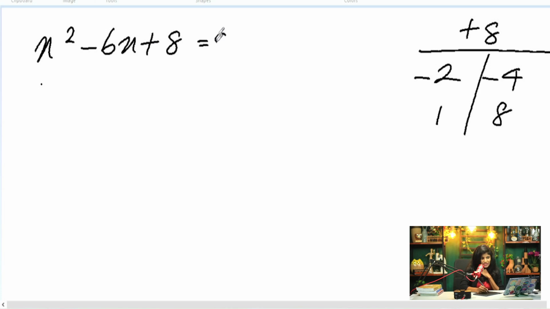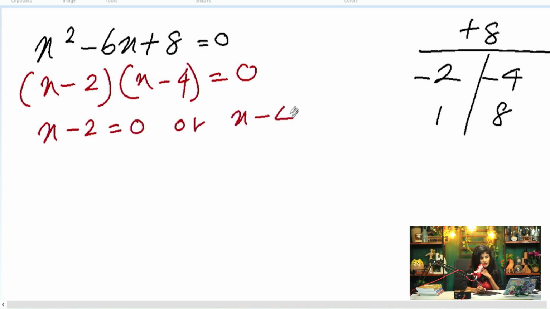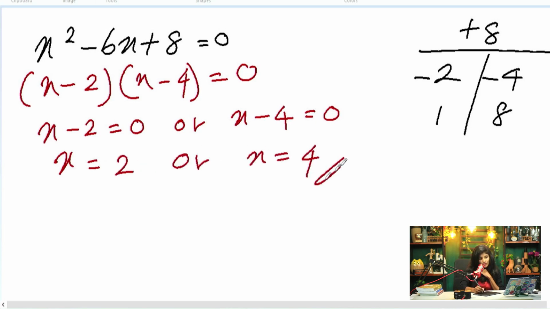So I found the answers now. These questions are so much easy, but you need the practice. Then you can just look at the question and tell the answer. Minus 2, minus 4. So, x minus 2 equals 0 or x minus 4 equals 0. Then x equals 2 or x equals 4. Very easy, right?